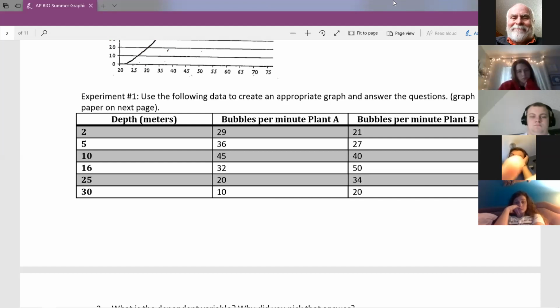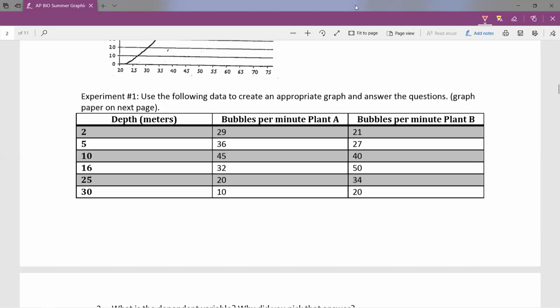Did Josh disappear? What kind of graph do we think this takes? I think you said something, Josh, but then you disappeared and we didn't really hear you. A line graph. Yes, this should take a line graph. We don't have fractions of a whole. We have 2 pieces of data and it is going over a range of time.